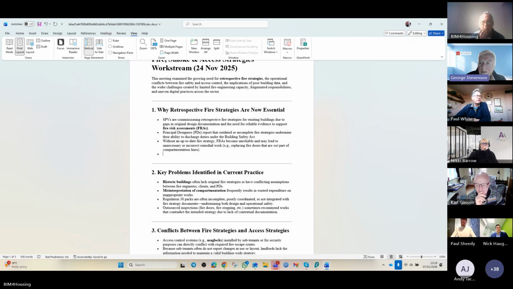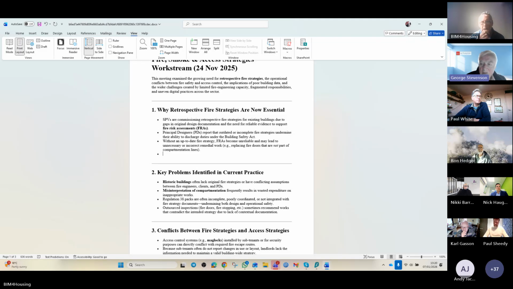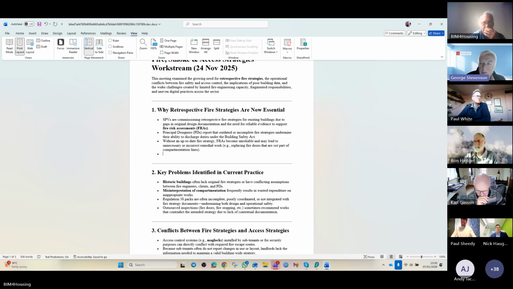Just before Ron steps in on that, I'd just like to reinforce what Paul said there, because I think the critical thing is that the fire strategy needs to be constantly checked, to make sure the systems that are part of that fire strategy are actually performing.